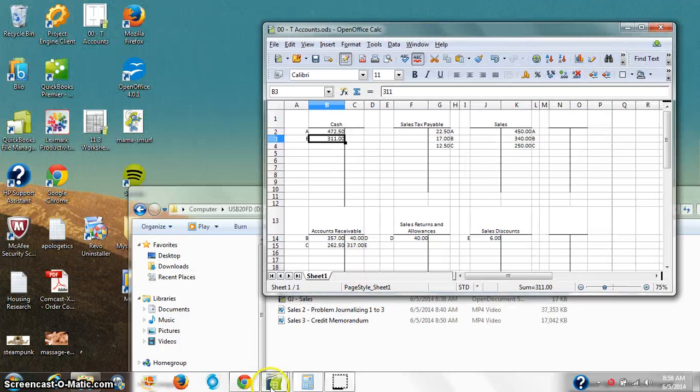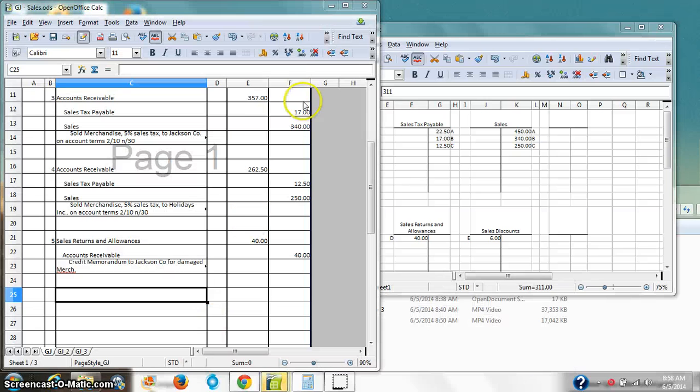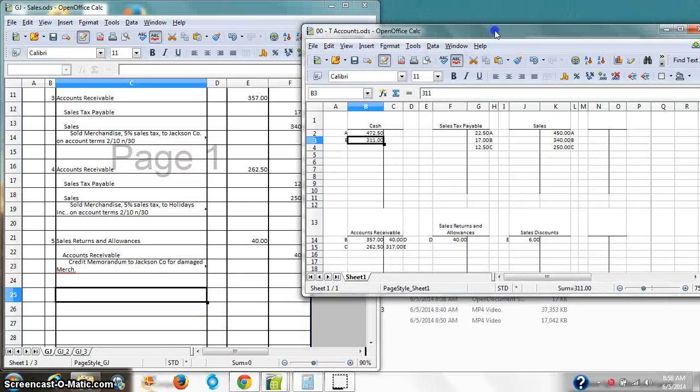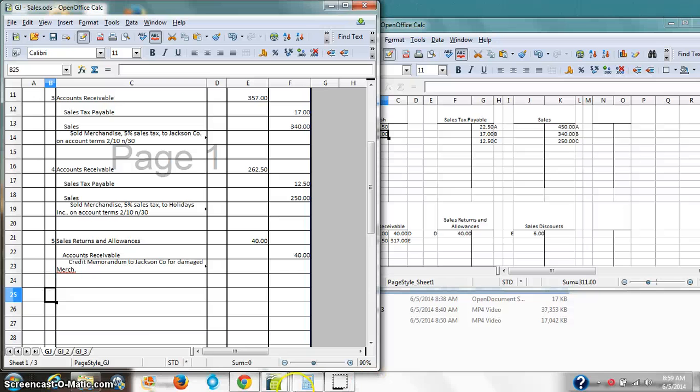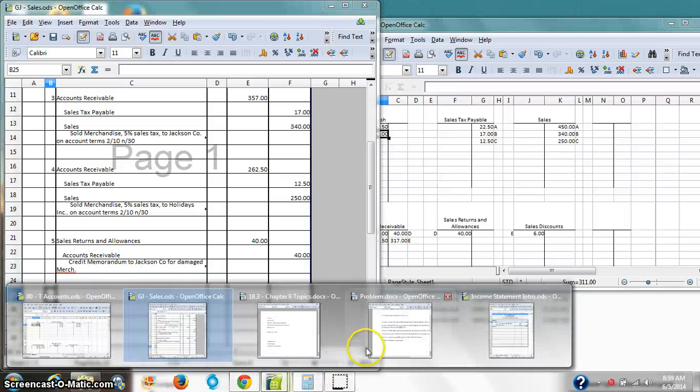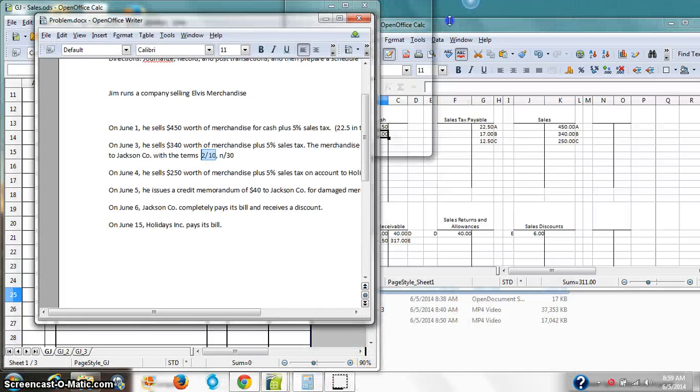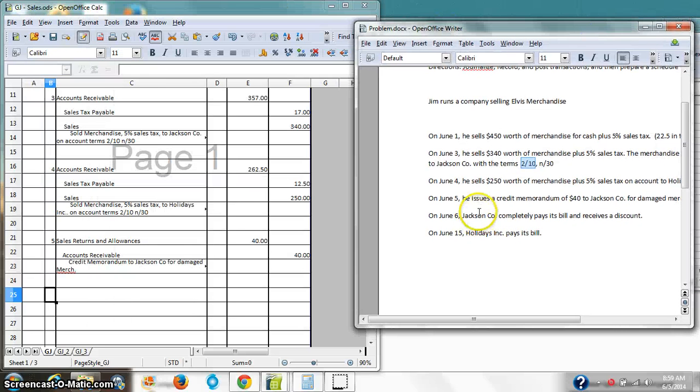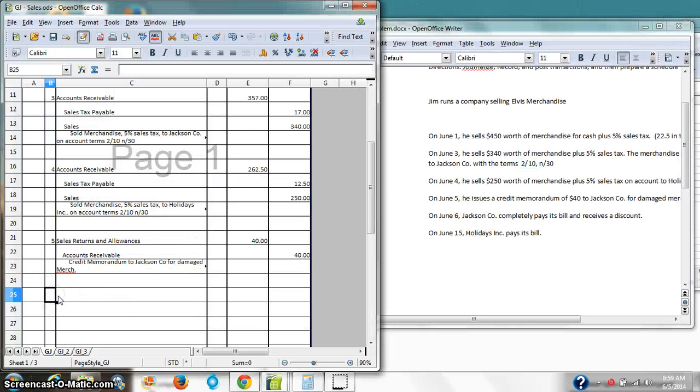So let me show you that on the General Journal, and in some ways it's actually clearer on the General Journal. You can see more of what's going on over here. The date on this one is June 6th. My cash is increasing. Finally, I've got some cash. My accounts receivable is decreasing. He owes me less money now.